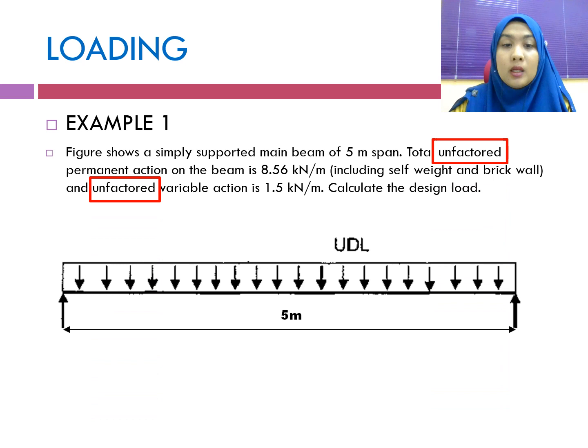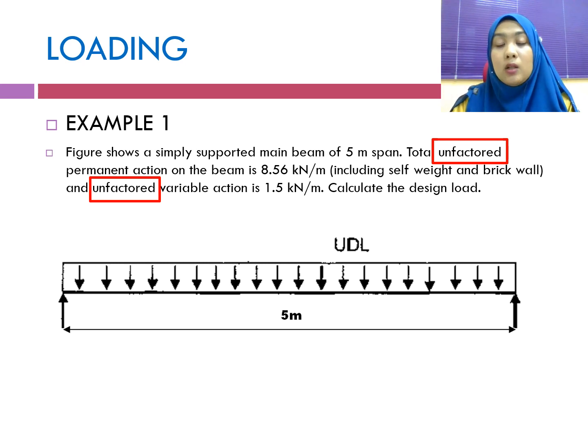Okay, so how do we calculate? The question mentions unfactored permanent action and also unfactored variable action. So what is unfactored? Just now for uniformly distributed load at ultimate limit state, we have a factor of safety. Unfactored means that the value given here is not multiplied by the factor of safety yet. So you need to multiply the loading given here with the factor of safety.